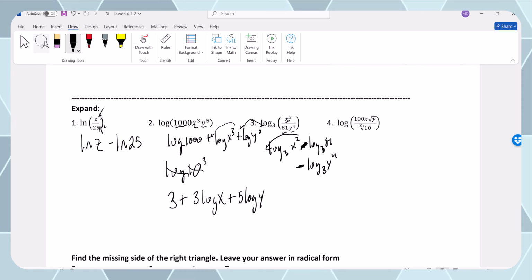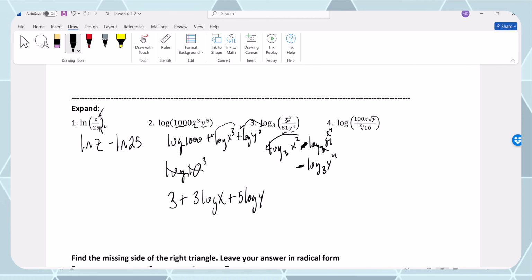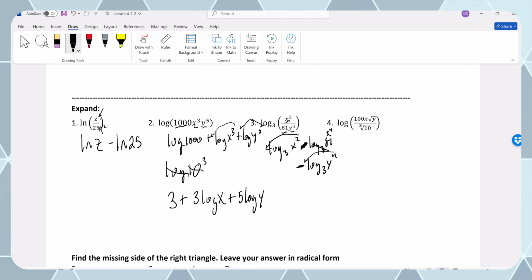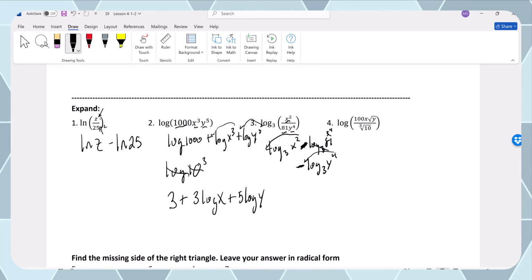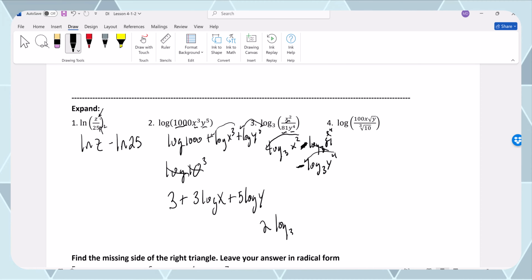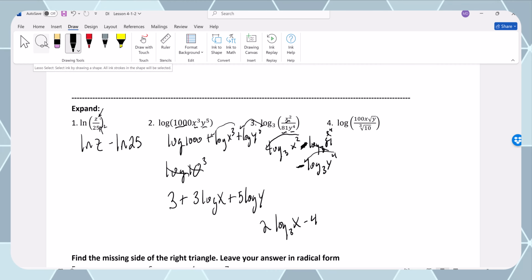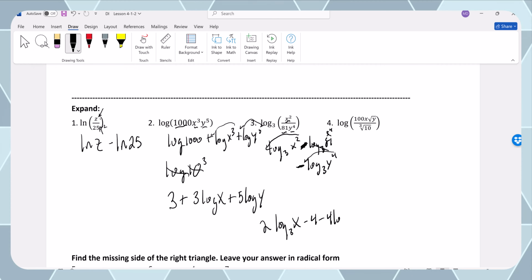Over, what power do I raise 3 to get 81? That's 3 to the fourth. So log base 3 and the 3 cancel out, so you're left with 4. And I can move my 4 to the front. So that's going to give me 2 log base 3 of x minus 4 is 4 log base 3 of y. It's just an arrow.